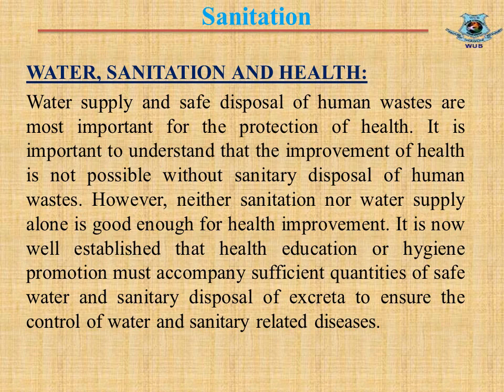Now, it is well established that health education or hygiene promotion must accompany sufficient quantities of safe water and sanitary disposal of excreta to ensure the control of water and sanitation related diseases. So we can say only the combination of good education about sanitary systems and water supply can produce a better environment.